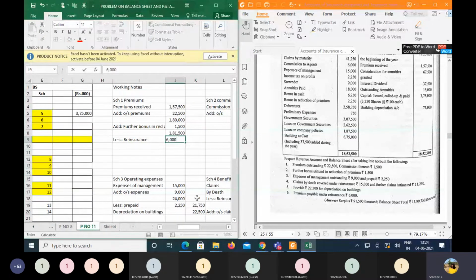Once you minus this 6,000, the balance of the premiums is going to be 1,75,500, right?